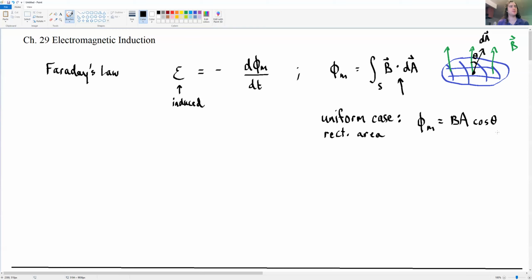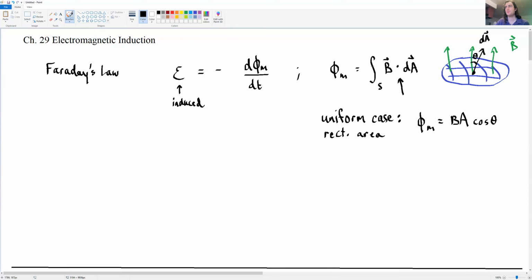Since the field is uniform, you could just integrate right away after taking the dot product, and you get B times A, and maybe a cosine theta in there. So just kind of exactly like electric flux.